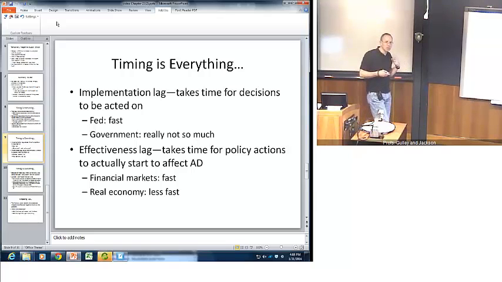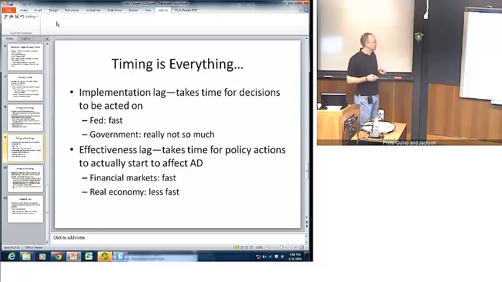If, for example, the Fed decides to pursue a contractionary policy, it can very quickly call up the trading desk at the New York Fed and have them execute that policy on the very same day. So central banks can do that stuff really fast. Well, governments, again, especially democratic ones, take a while to actually implement their policies, to, for example, change taxes or to change government spending. Those can drag on for months or possibly even years.